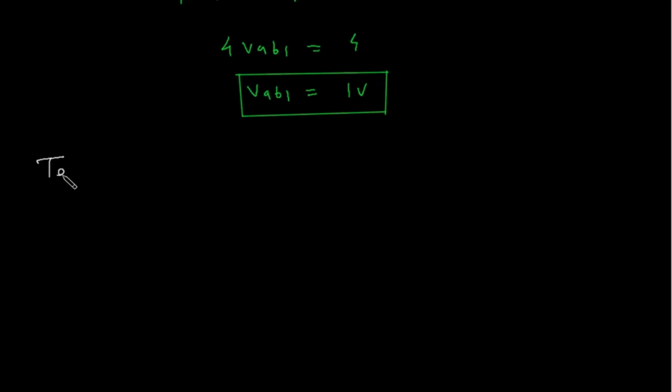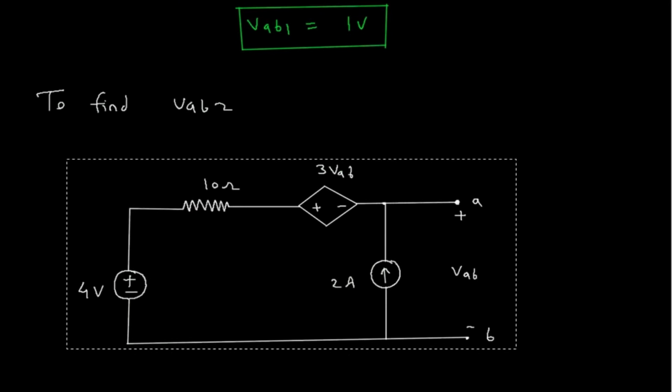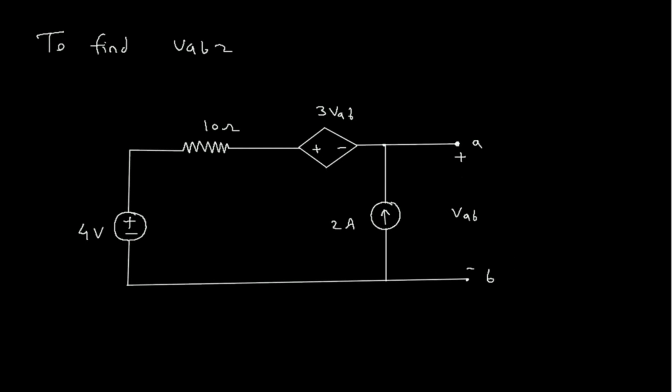So to find VAB2, consider the 2 ampere current source and turn off 4 volt.